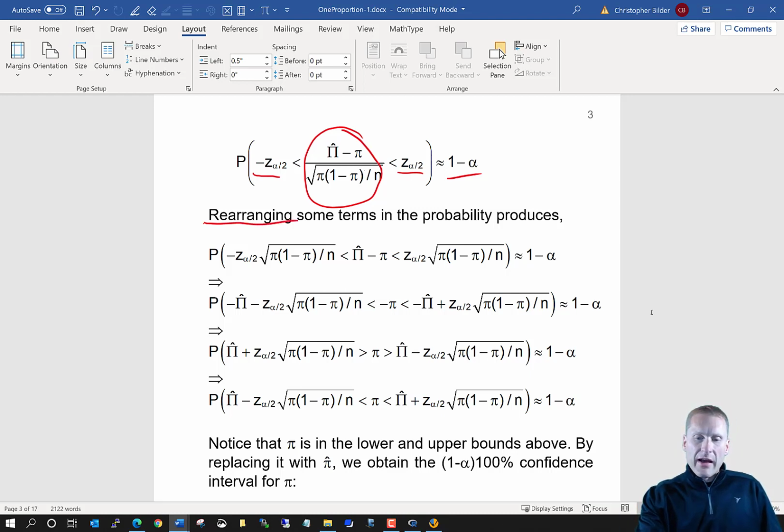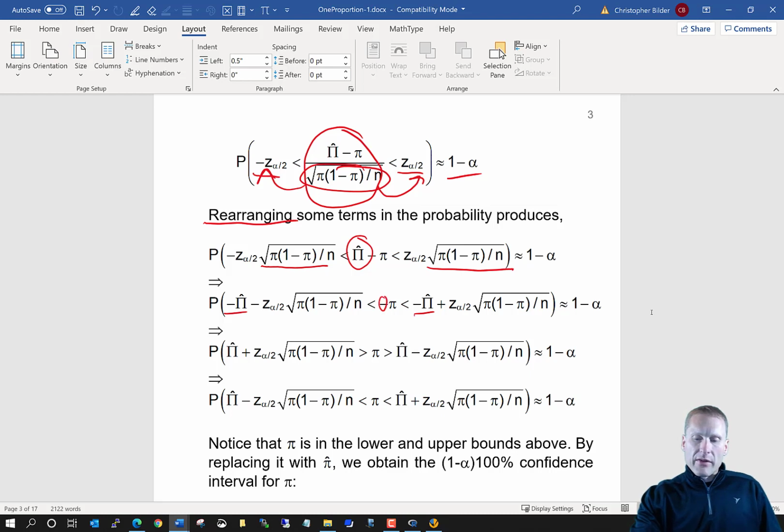So first, I take this denominator, I multiply it by all parts of the inequality so that now the denominator ends up being here and here, and the denominator then crosses out when I do that multiplication with the middle term. Next, I subtract pi hat from both sides, or from all parts of the inequality, I should say.